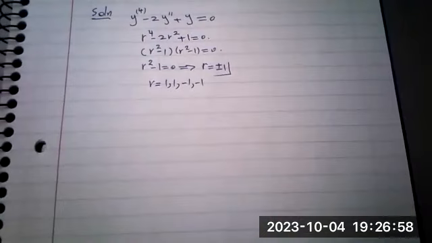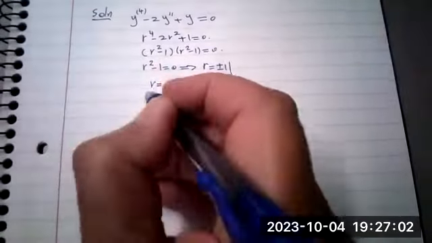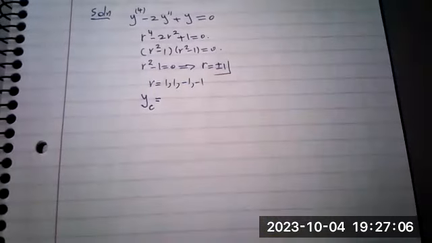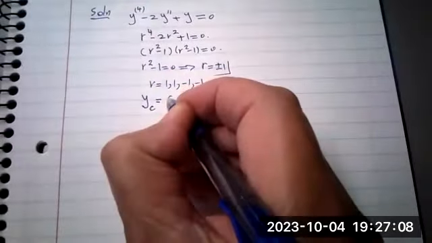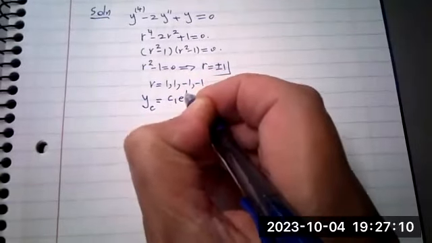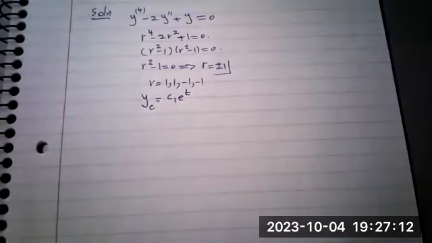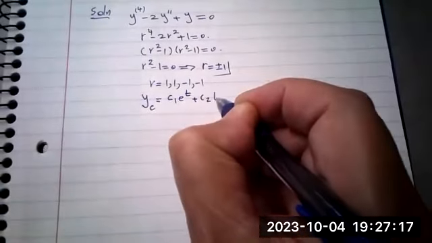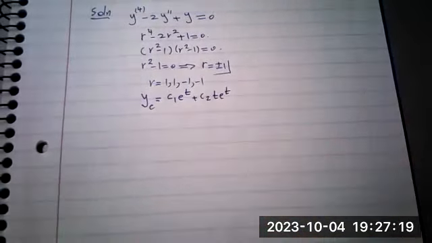Okay, in this case, write the yc. For the first one, C1 e to the t, that's first. Let's repeat it: C2 t e to the t. We're done with r equal to 1.